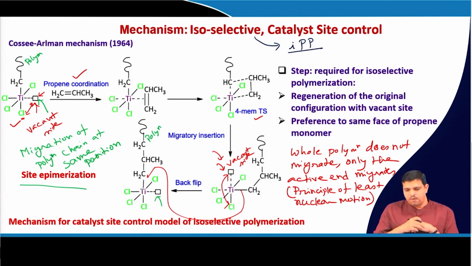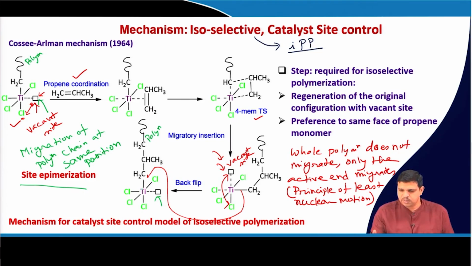This is the mechanism for catalyst site control of isoselective polymerization, which is well accepted to explain the isoselective polymerizations operated by the Ziegler-Natta catalyst, which does not look like a chiral catalyst but actually acts as one.